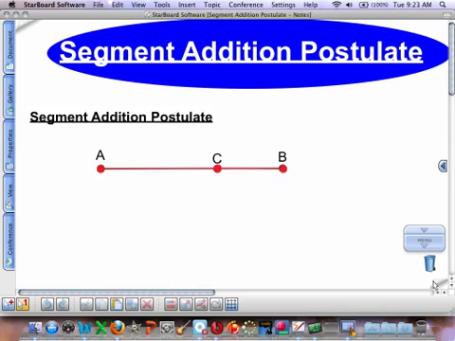I want you to imagine having a piece of string. And I have my piece of string. Here's my string, right? And with my string, I can start cutting it into parts.